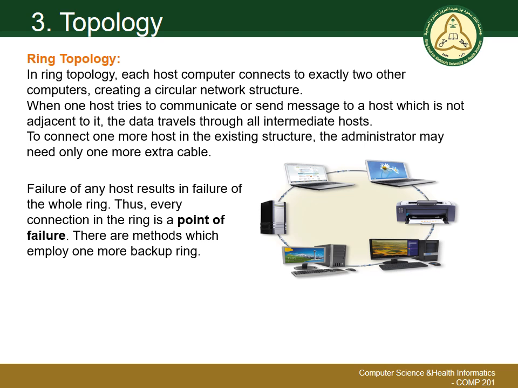Now, if I'm trying to add one more device, all I need is this device plus one extra cable. I'll take this transmission media or wire, connect it here, and the new device needs a new wire to connect here. So the device and one extra wire are needed to add a new device.